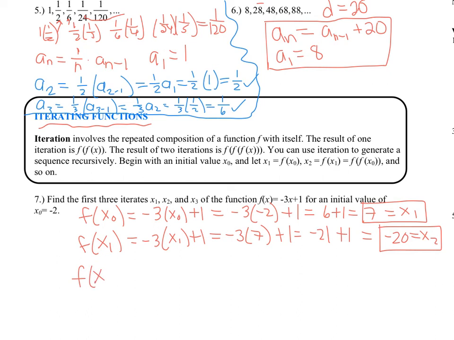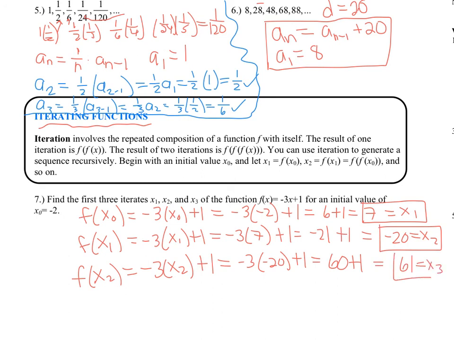We're going to take that and plug that in to find our third iteration. So the first three iterates of this function are 7, -20, and 61.